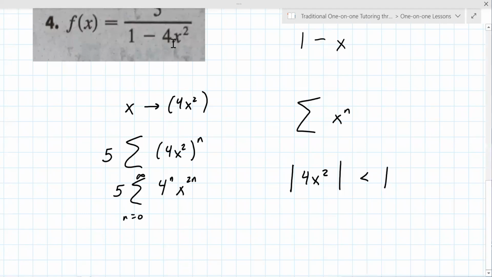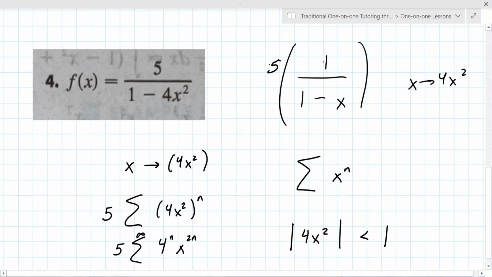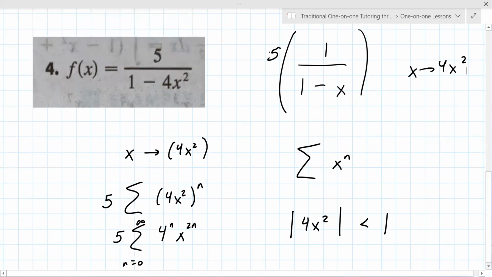Yes. It gets a little more complicated, like the 5, and they all have different things. You're basically manipulating this original thing to somehow get back to this. It's really 5 times this, and then x really goes to 4x squared. But there are other things that can go on, and we'll cover a few of those here.